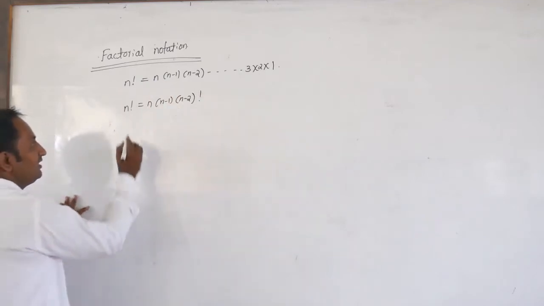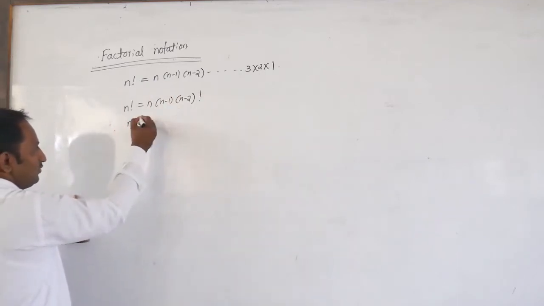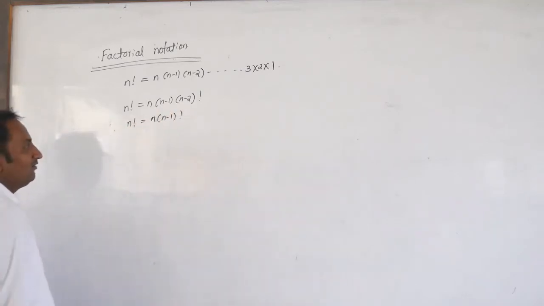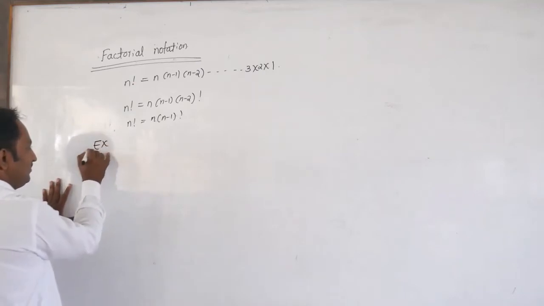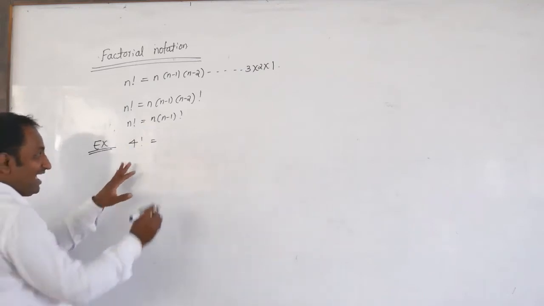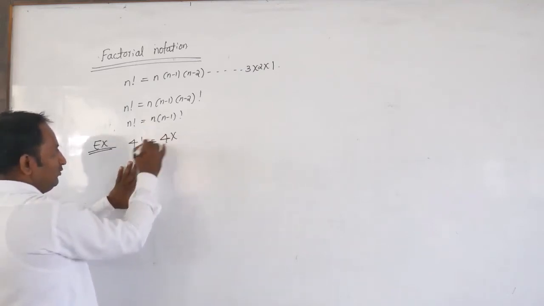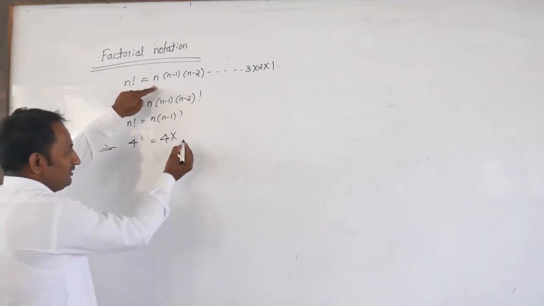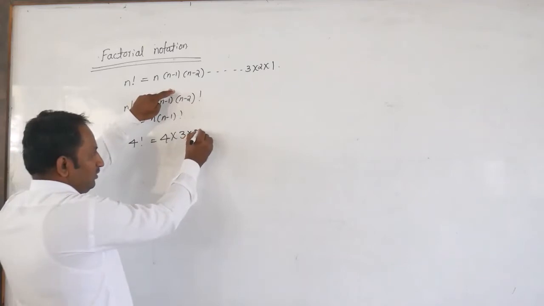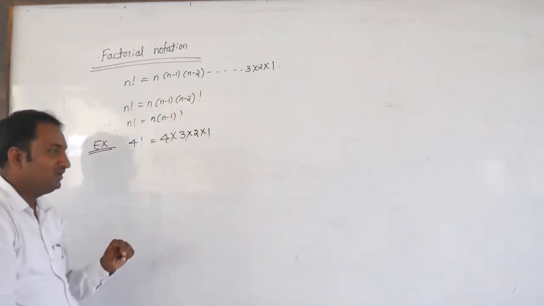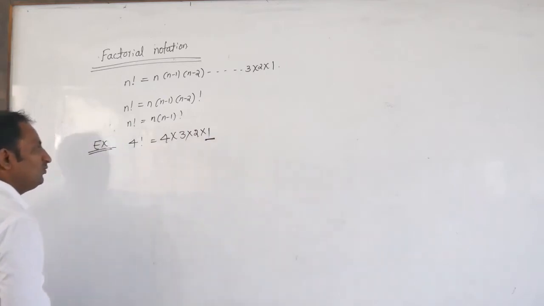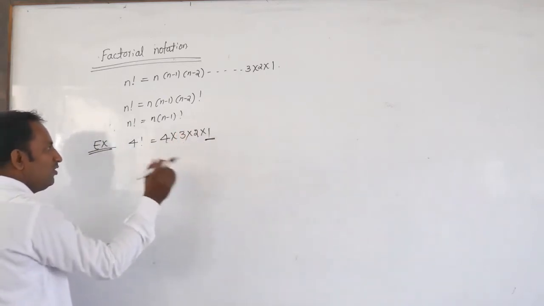For example, 4 factorial: we can write it as 4 into 3 into 2 into 1, and the result finally comes to 1 at the end.